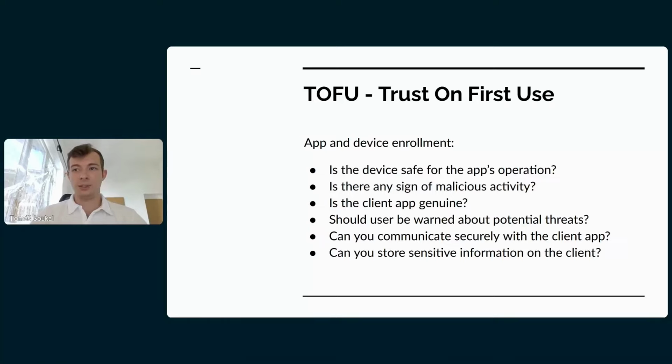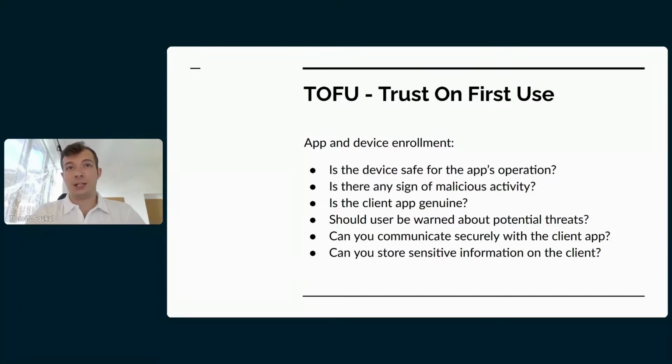So, like first key thing that developers need to be aware of is TOFU, and I don't mean the food. I mean trust on first use, because once your application lands on a final device, on some user's device, you have virtually no guarantee that the device is safe to operate, that the user is a good user, not some evil actor, and that your application is still your application.